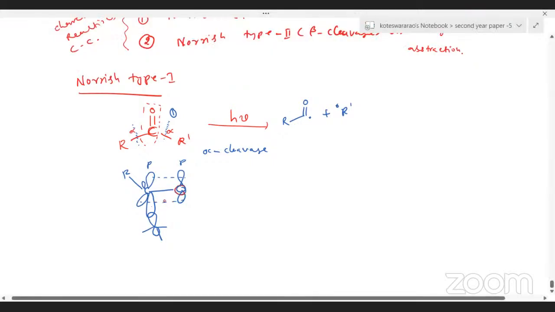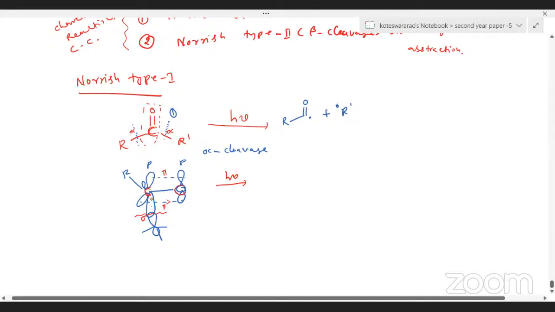Therefore, the bonding electrons are pulled more towards oxygen, and due to that this bond will be very weakened. This is the sigma bond, and this is the pi bond. Whenever we irradiate it, this bond will be cleaved easily because it is electron deficient.